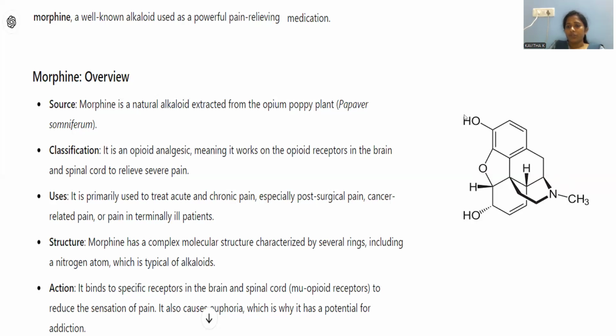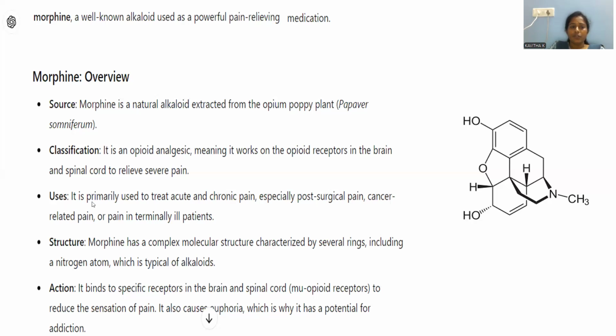Among other functional groups, you can clearly notice a hydroxy on the benzene and a hydroxy on the saturated ring. This is how the polycyclic system and phenanthrene skeleton are located in morphine. This is the way we can depict the chemical composition of morphine.